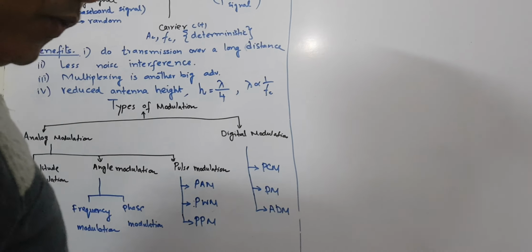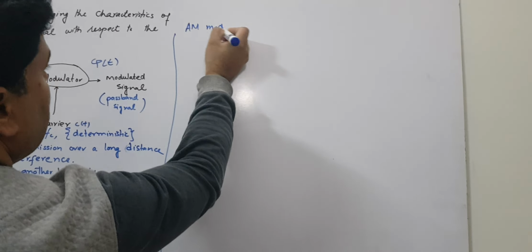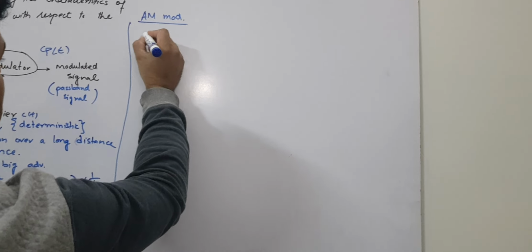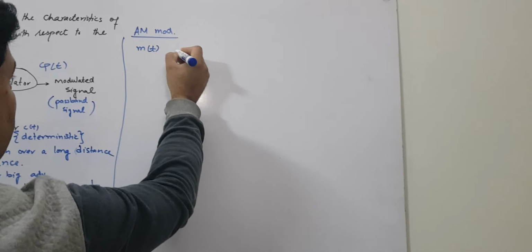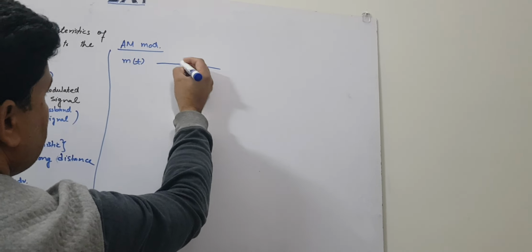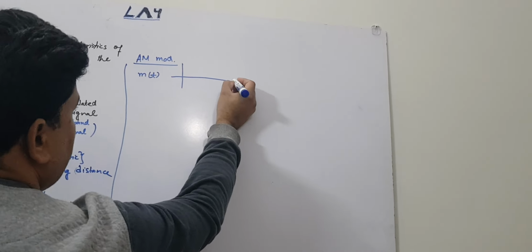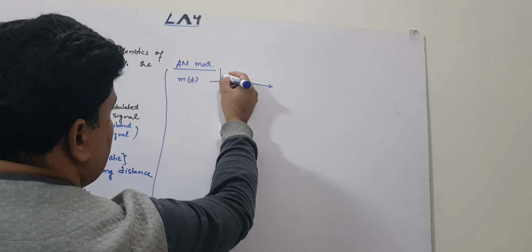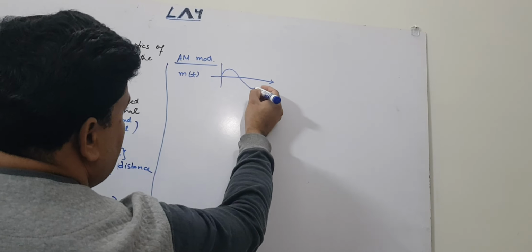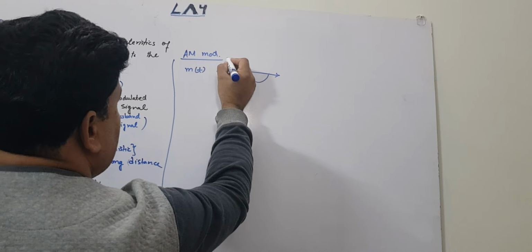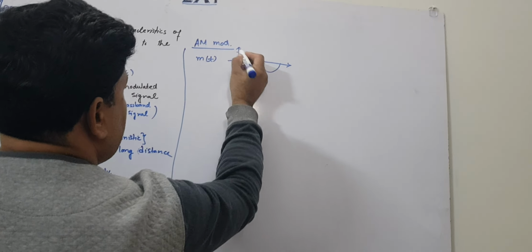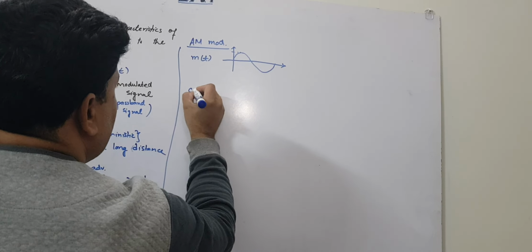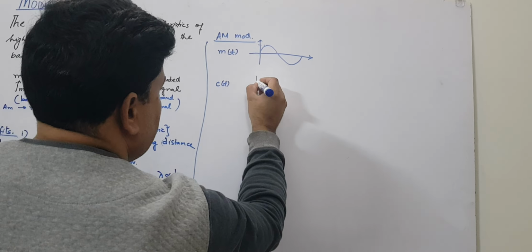If we want to further discuss AM modulation, suppose m of t is your message signal, and your message signal is something like that, a sinusoidal message signal, and then your carrier signal is represented by c of t.